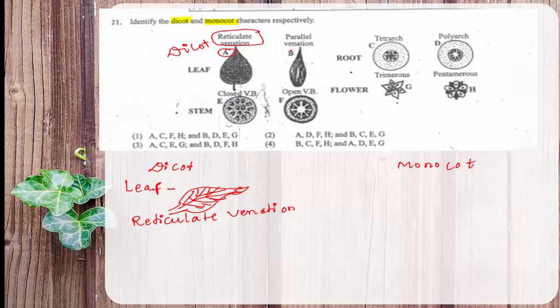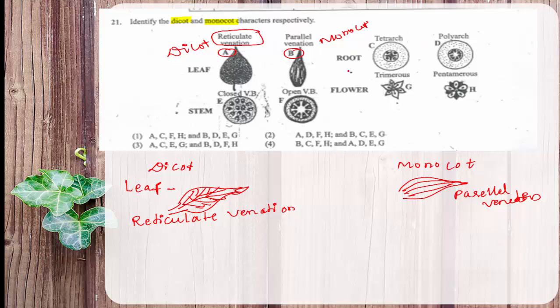So what is the condition of B? So B leaf is shown like this, and here the lines are marked like this. This is called parallel venation, and parallel venation is the character of monocot. So B becomes monocot character and A is the dicot character.